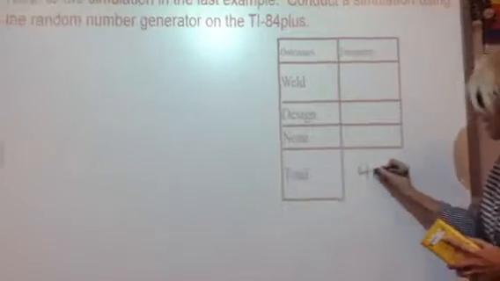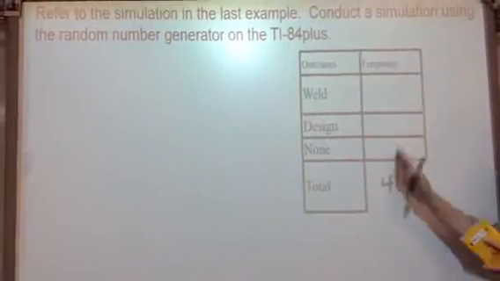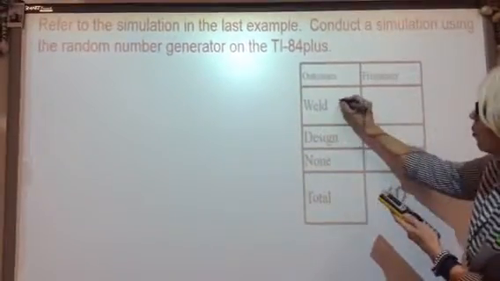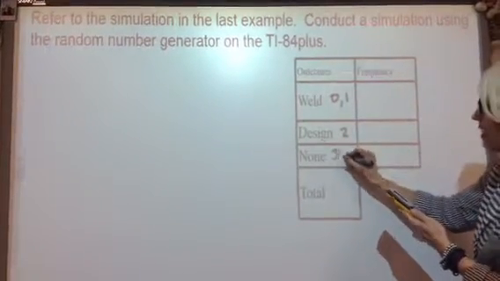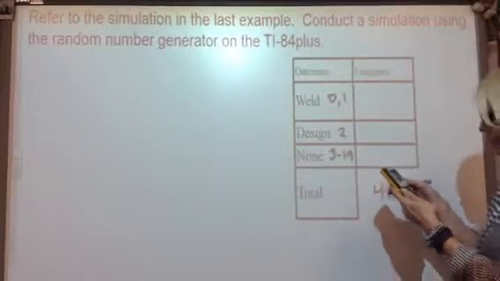So when I'm done, I will have a total of 40 here. Whatever my numbers are going to be out of 40. So remember, a weld was getting a 0 or 1, design was getting a 2, and this was 3 all the way up to 19.